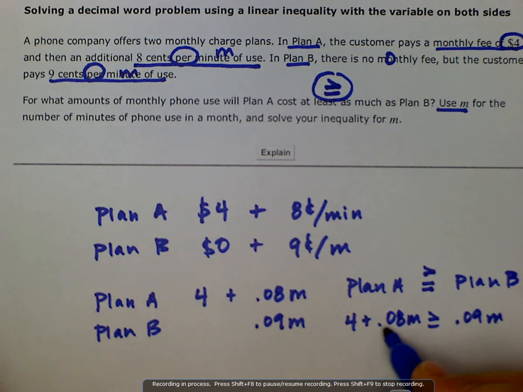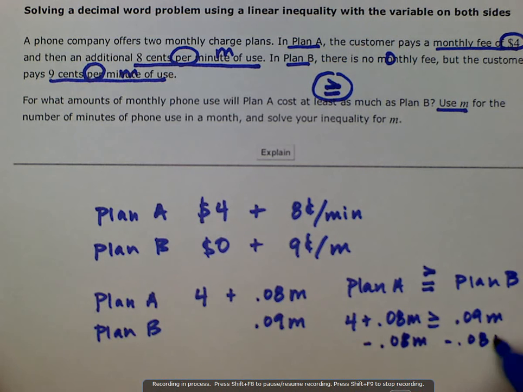Let's go ahead and use opposite operations to subtract 0.08 M from both sides of our inequality. And when we do that, of course, this is going to cross out. We're left with 4 is greater than or equal to 0.01 M, and because we just subtracted, nothing happens to our sign.